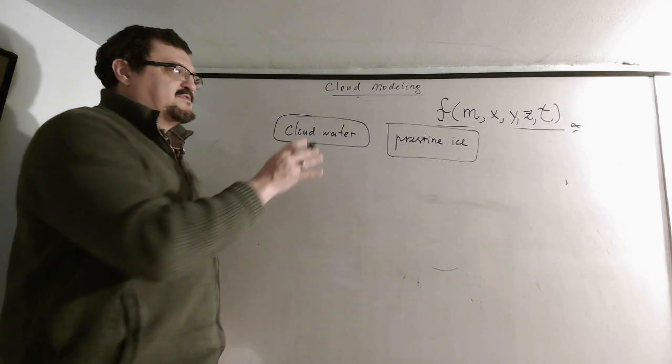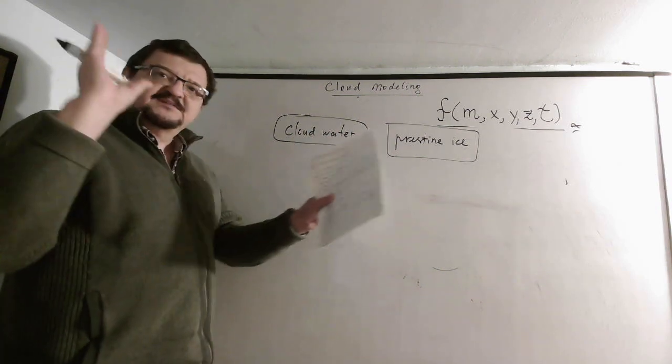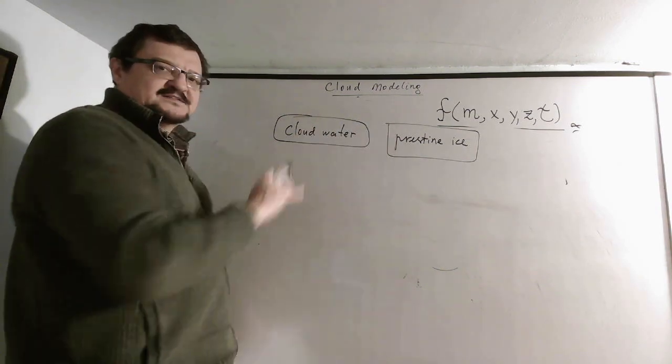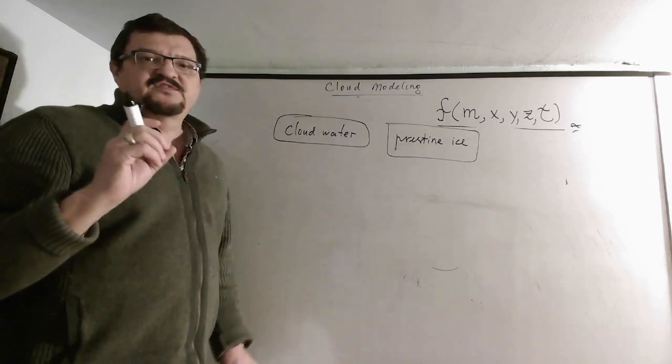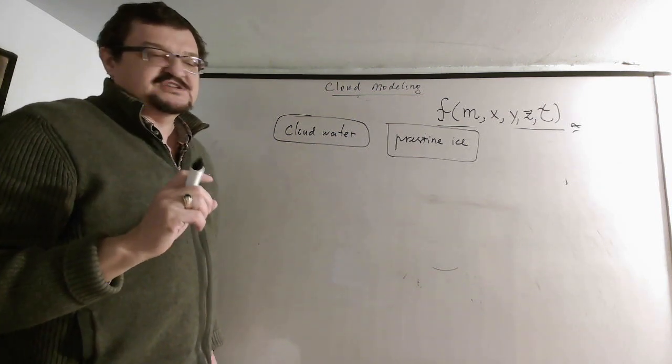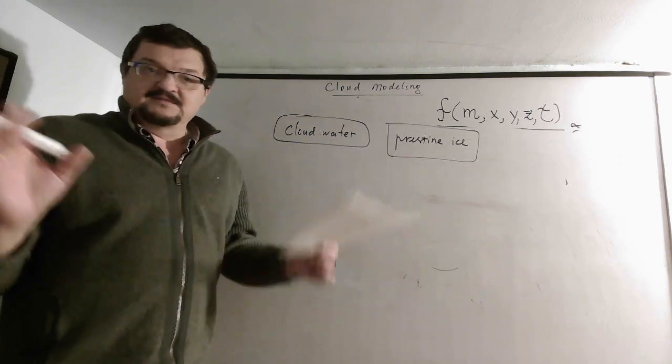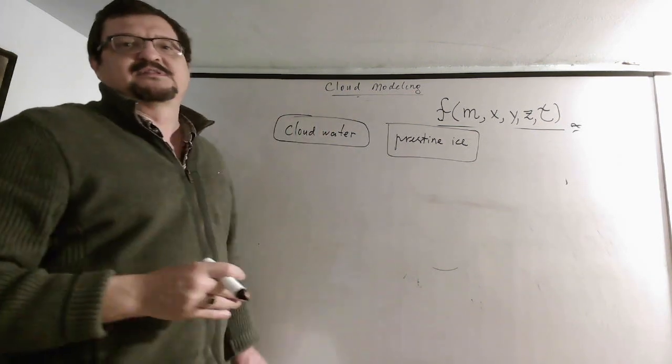Those are what make the visible cloud. They're very tiny particles, and because they're tiny, they interact very heavily with solar radiation. As a result, they're very visible.